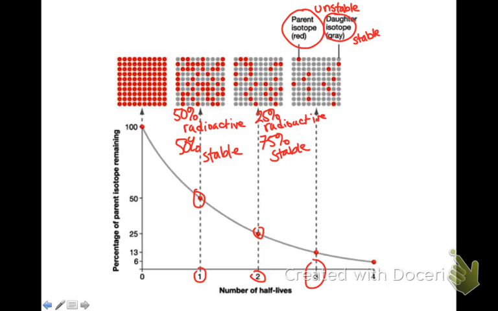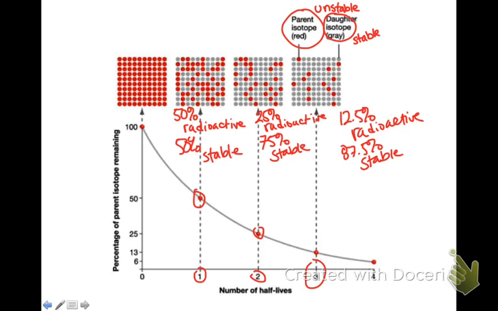In the third half-life, we're going to be all the way down to 12.5% of our sample being radioactive, and 87.5% being stable.